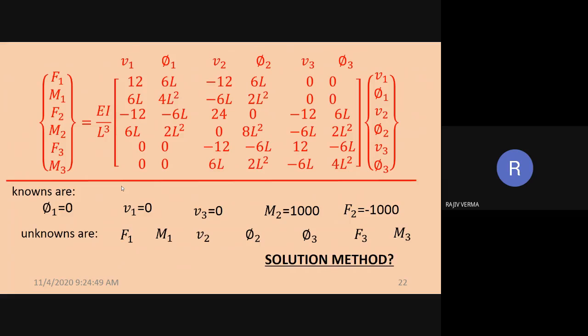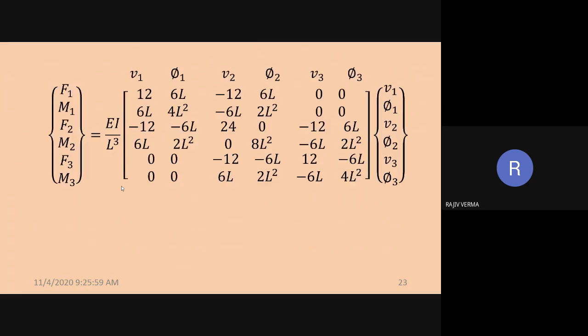So the next step is to discuss the solution method. This is the global matrix, and since V1 is known, it happens to be 0. The easier process which we use for manual calculation is that we simply strike off the rows and columns corresponding to the known parameter, especially when the known parameter happens to be 0.